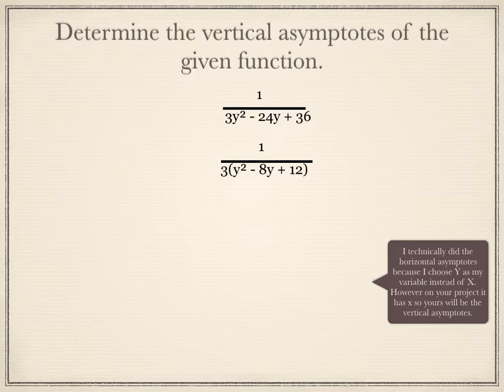Negative 18y divided by 3 is going to be negative 6y, plus 36 divided by 3 is 12. So then we want to go ahead and factor the y squared minus 8y plus 12.